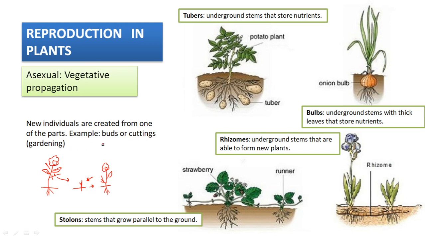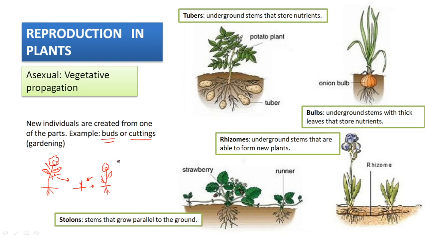This is called cuttings in gardening. But also in nature, without cutting, plants can reproduce by buds, a word that you already know. This is called vegetative propagation. New individuals are created from a part of another plant.